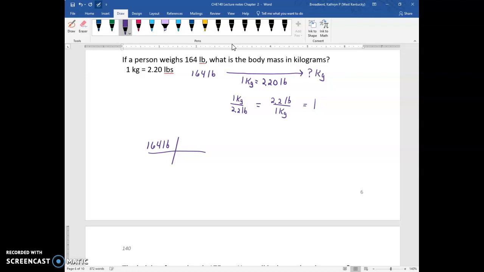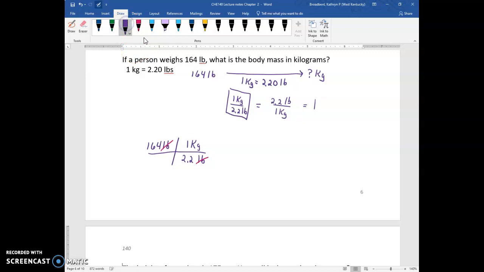Now we want to choose a conversion factor that will get rid of pounds and leave us with kilograms. We want kilograms in our answer. So we're going to pick this one, because if we write that, we'll get 1 kilogram in the top and 2.2 pounds in the bottom. Pounds on top, pounds on the bottom, that's going to cancel.